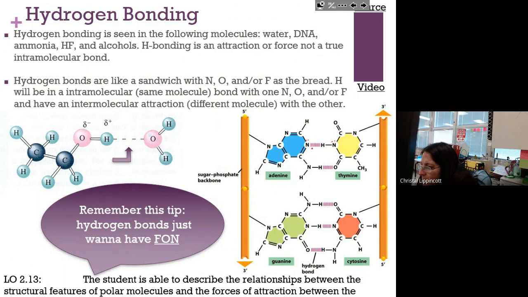They just didn't depict it. It's the nitrogen of one molecule with the hydrogen of another molecule. Hydrogen bonding is not this. This is not hydrogen bonding.